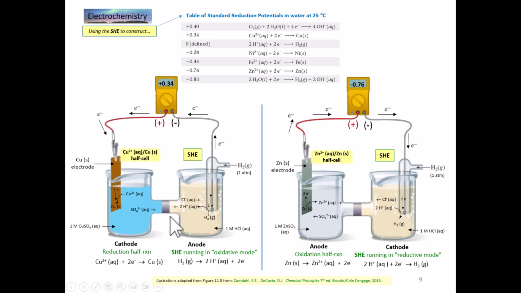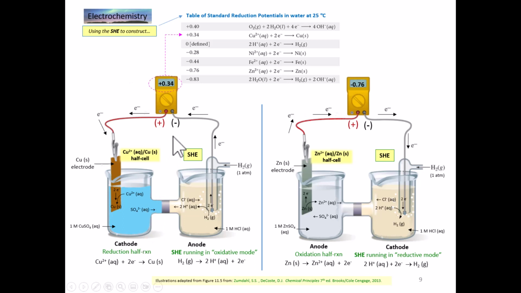And if the beakers are attached by a fritted glass membrane, of course anions would flow toward the half cell that's losing electrons. In this case, it would be the standard hydrogen electrode. And cations would flow toward the half cell that electrons were coming into to maintain charge neutrality.